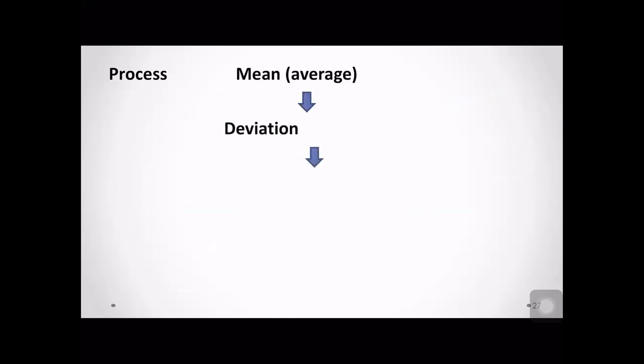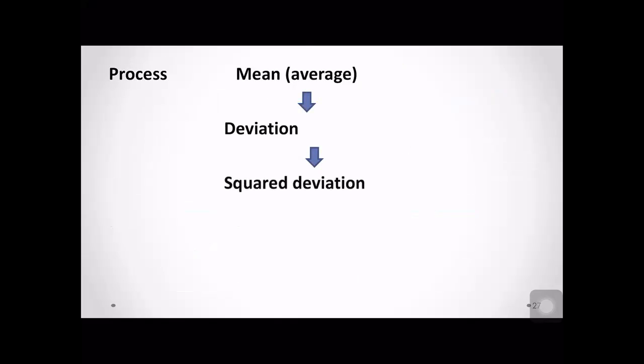To sum up, to get a standard deviation, first calculate the average of each group. Then calculate the deviation. That is, for each number included in the group, calculate the difference between the mean value and the number.